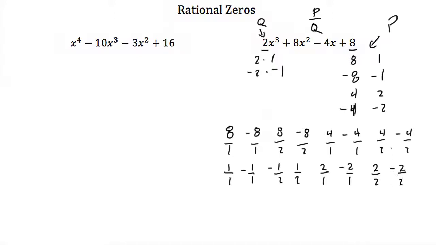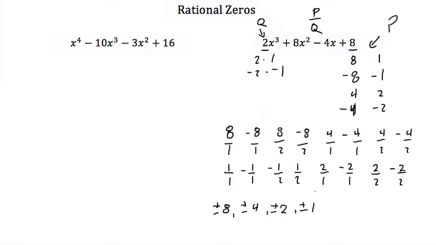Now to simplify these, 8 over 1 is just 8, so we'd have plus or minus 8. 8 over 2 is 4, so we'd have plus or minus 4. 4 over 1 is 4, so I already have that. 4 over 2 is 2, so we'd have plus or minus 2. 1 over 1 is 1, so it's plus or minus 1.